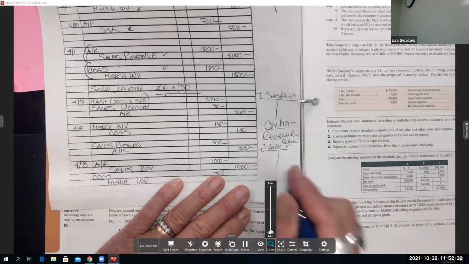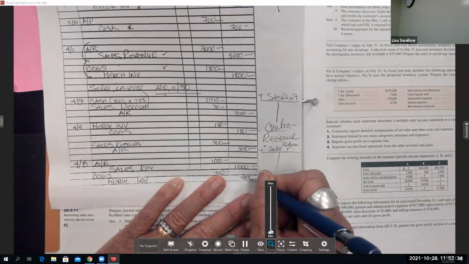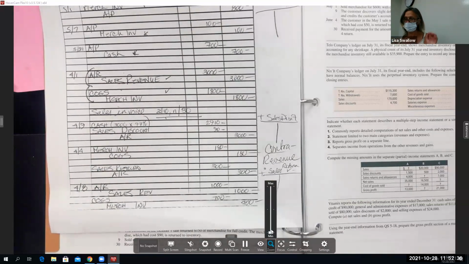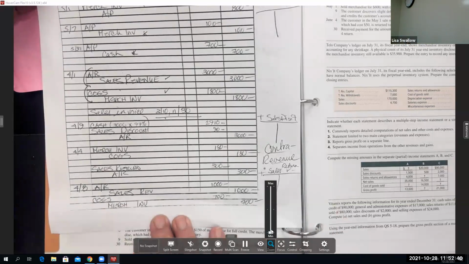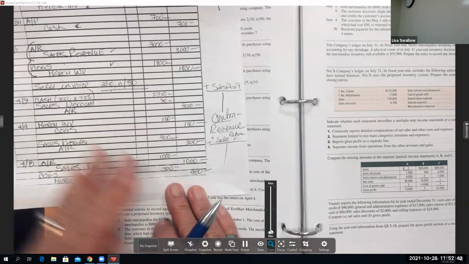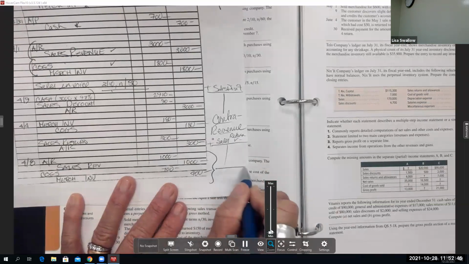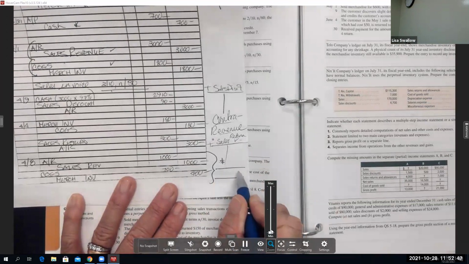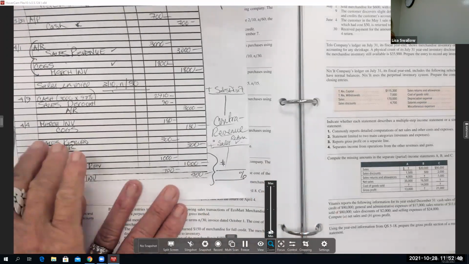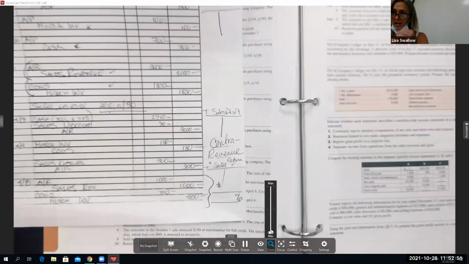Tell me, you guys, what the gross profit was on the sale and what the gross profit ratio is. So I want the dollar amount and the percentage. Gross profit on this transaction that just occurred.